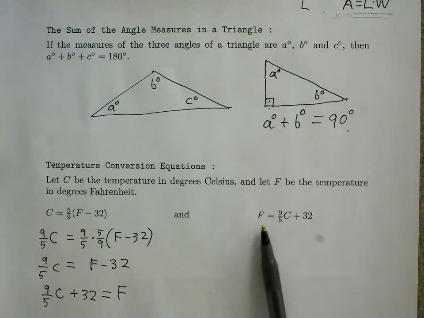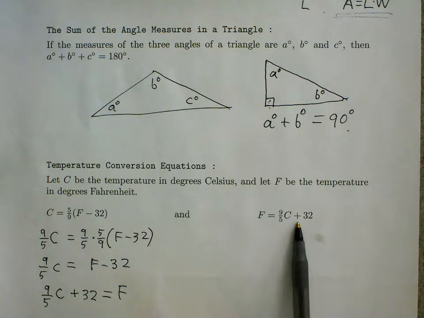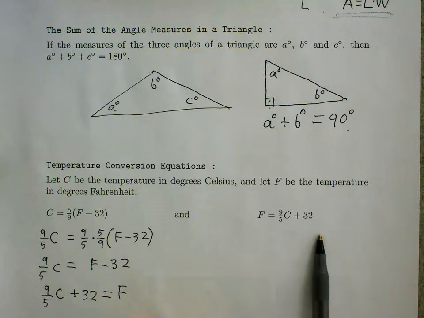Okay, so let's solve this equation up here. F equals 9/5 C plus 32. Let's solve for C. There's more than one way to do it, but often there's more convenient ways. So I think we should subtract 32 from both sides to start with.